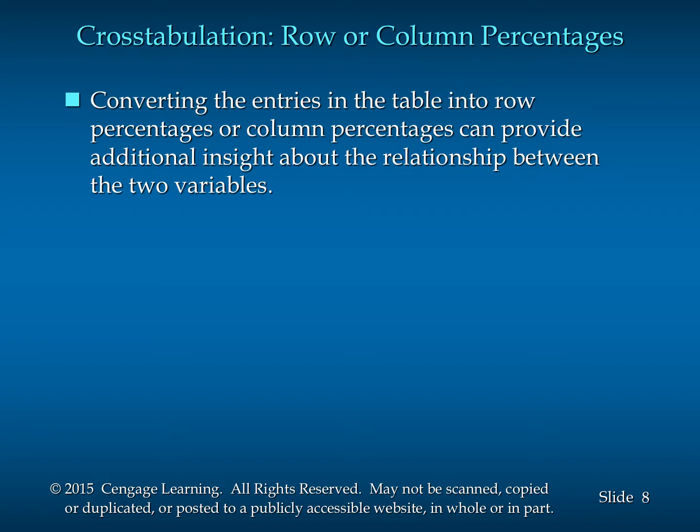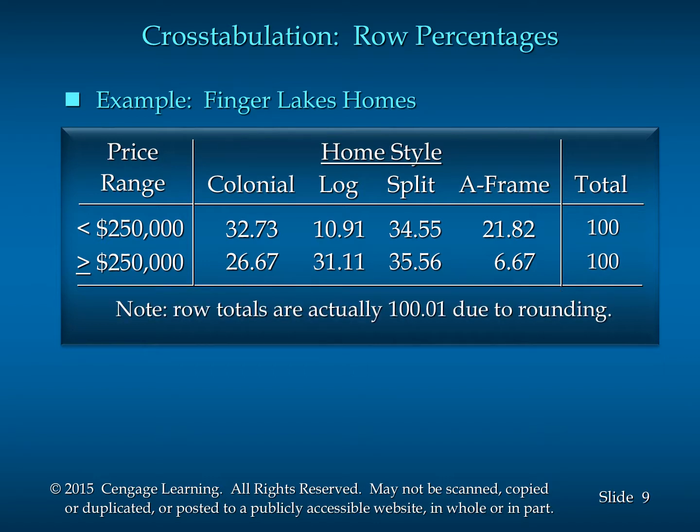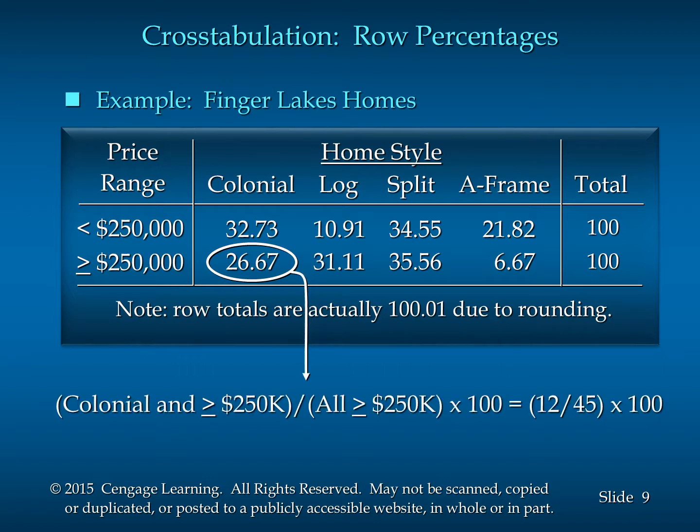We can convert the entries in the table into percentages. The same thing for the rows and the columns. So if we looked at the row percentages, you can see that within the price range, 32.73% are colonial, 21.82% are A-frame.